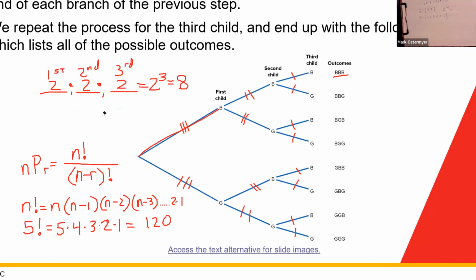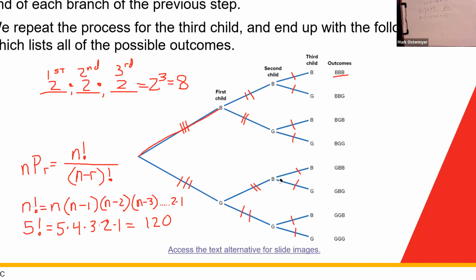Okay. So this is a permutation here, and now this permutation is used to enumerate possible outcomes where order does matter. But as far as doing our gender outcomes here, there would be 8 possible outcomes here according to the fundamental principle of counting. So the permutation is not really going to help us with this situation, but the fundamental principle of counting does guarantee we're going to have 8 outcomes here.